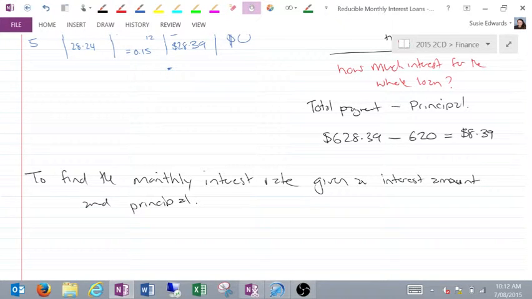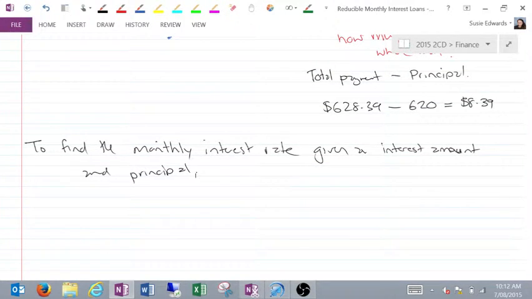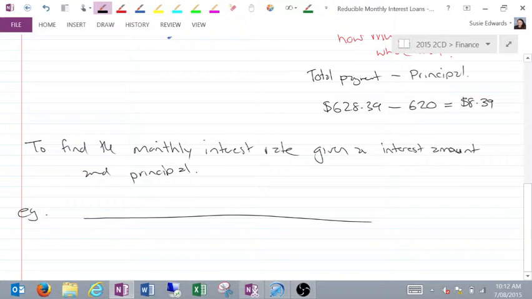All right, what I mean by this is you might get given a table. You might get given a table which tells you stuff, but it doesn't tell you what the actual rate is. So it might say you borrowed $10,000.